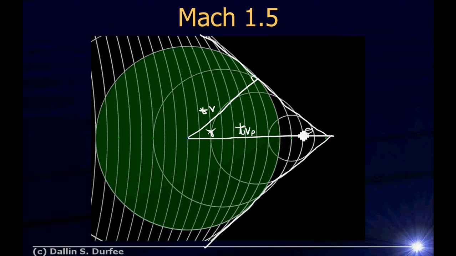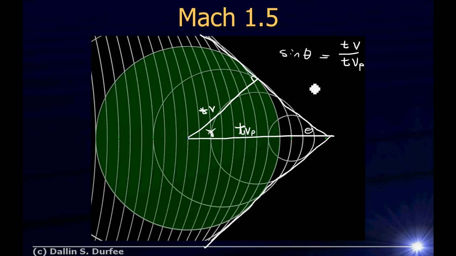So if we look at this, this just looks like a sine. Sine of theta is just going to be time times the velocity of sound, divided by time times the velocity of the plane.